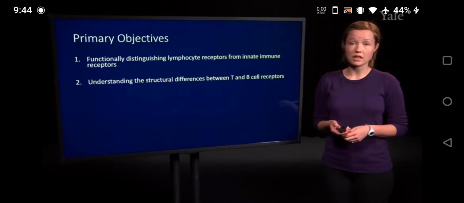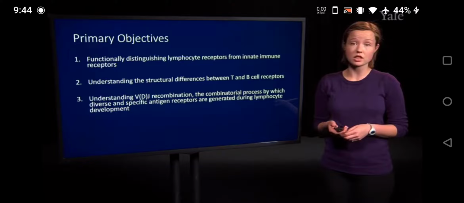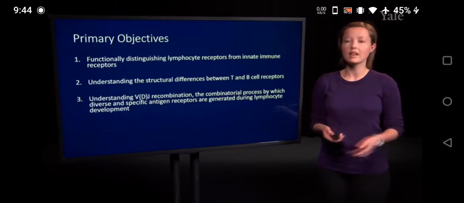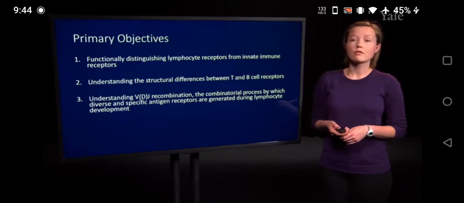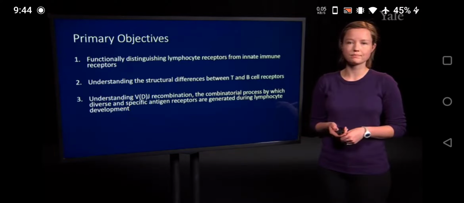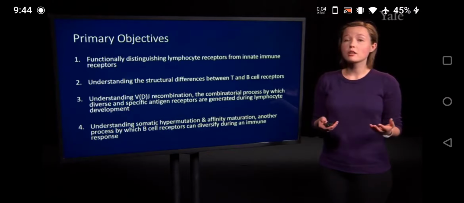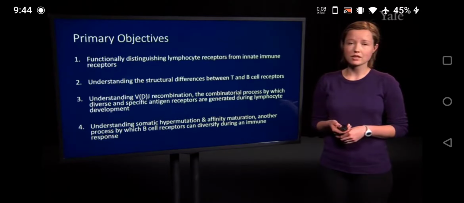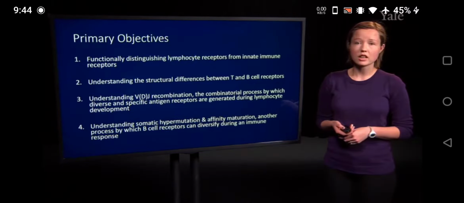Our third primary objective is understanding how these lymphocyte antigen receptors, the B cell receptors and T cell receptors, are formed during development, and they are formed by this process that is called VDJ recombination, which we will go through over the course of this lecture. The final primary objective is understanding other mechanisms that these lymphocyte antigen receptors can use to increase their specificity for antigen, and this is another diversifying mechanism.